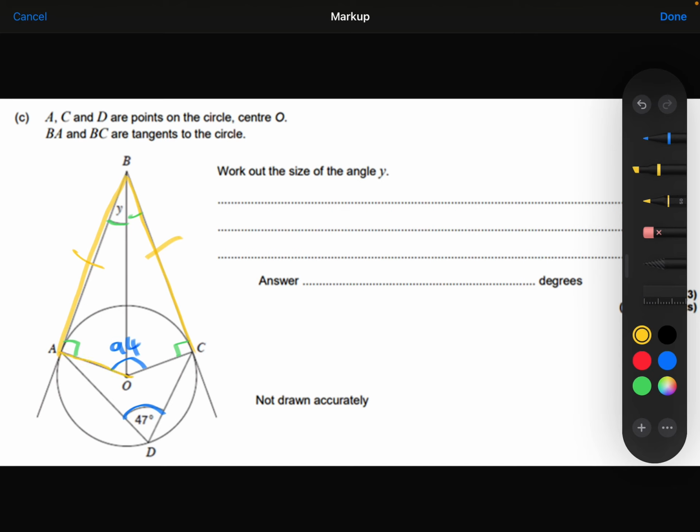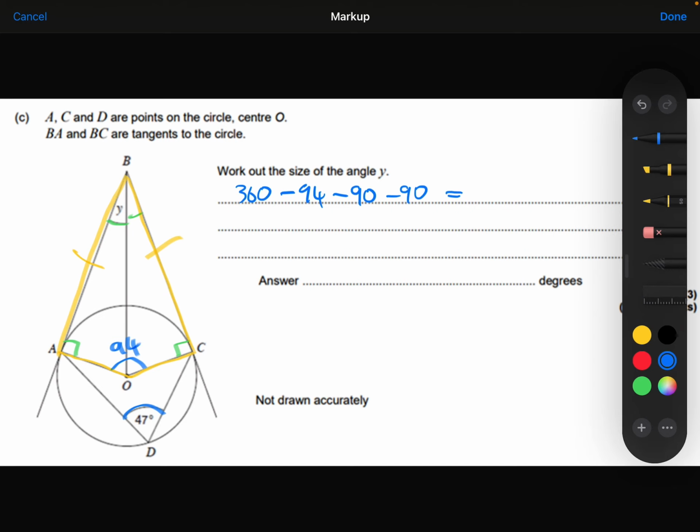Right, notice that this yellow shape here is a quadrilateral. So the angles in this quadrilateral will add up to 360. So I can do 360 minus 94 minus the two right angles.